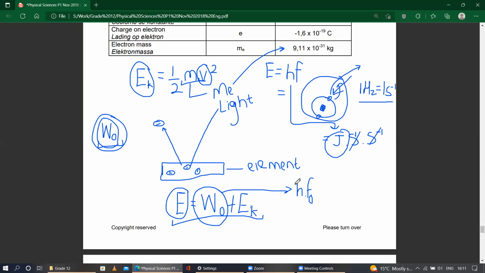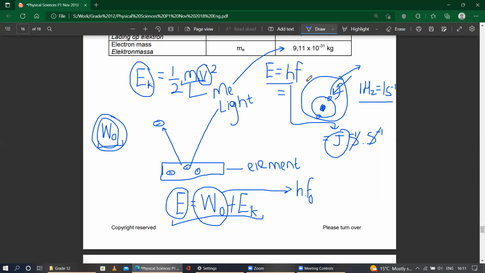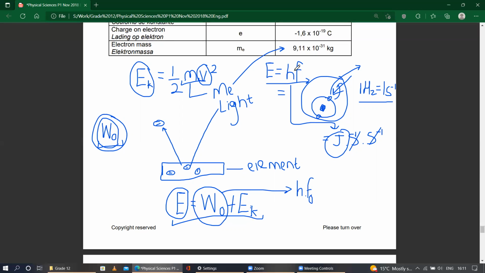So this is crucial: you need to know this equation for kinetic energy, you need to know the equation for the total energy of the electron, and you need to know your equation for your work function.